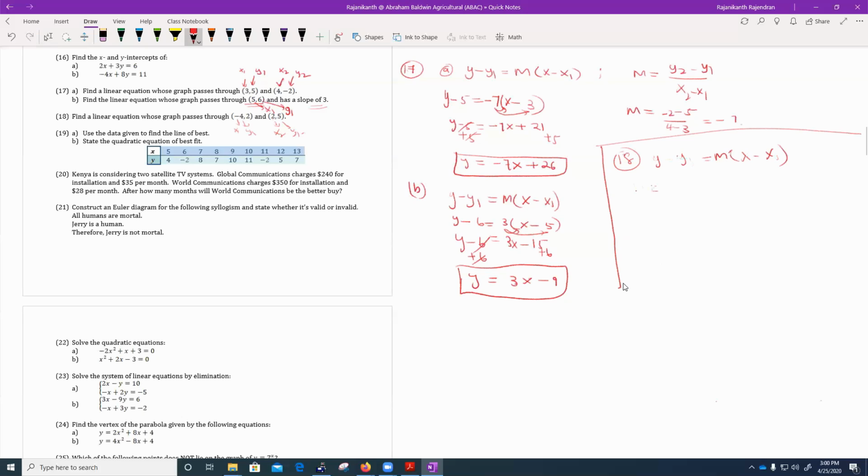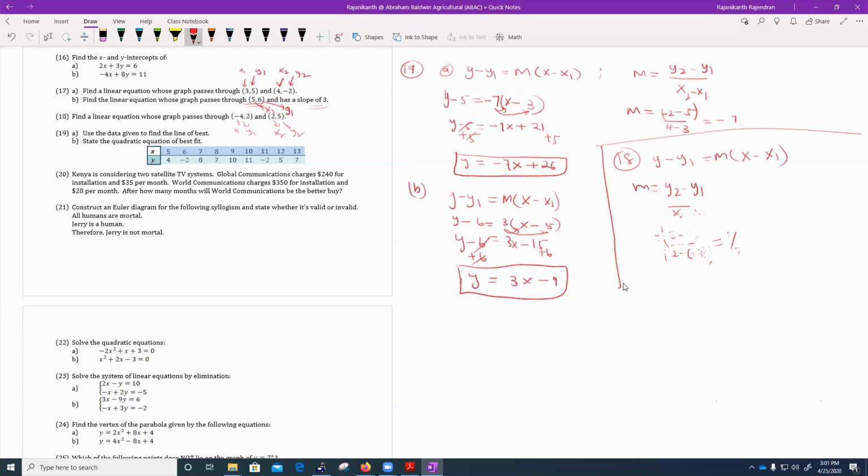Let us find m first. m is given by y2 minus y1 over x2 minus x1. Plugging those values gives 5 minus 2 over 2 minus 4. Make sure that you are putting parentheses. Simplify this: 3 over 6, which is half.